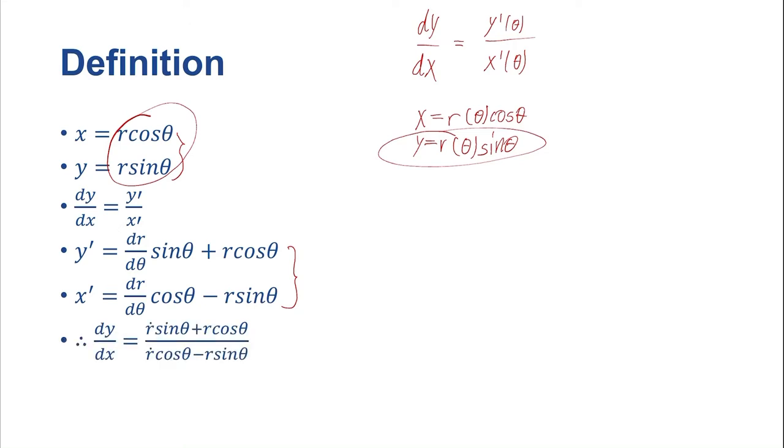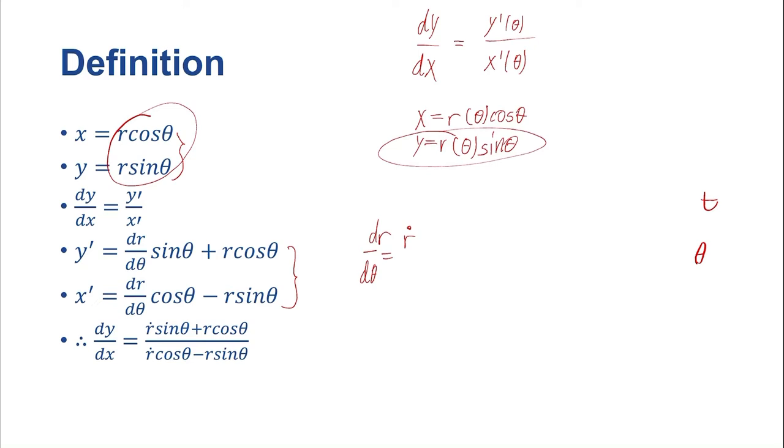I'm going to adopt a new nomenclature that I discussed in my parametric equations video. If anything is with respect to theta, then dr d theta is equal to r dot, because theta is our independent variable, whereas in parametric, t was our independent variable. So if I'm differentiating with respect to theta, I'm going to use r dot.